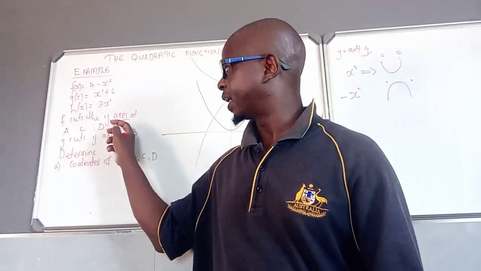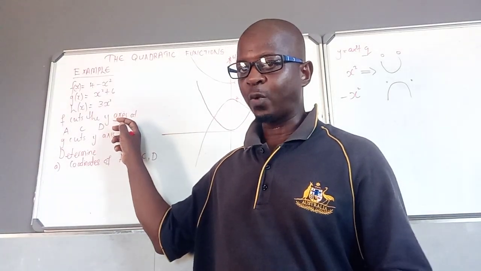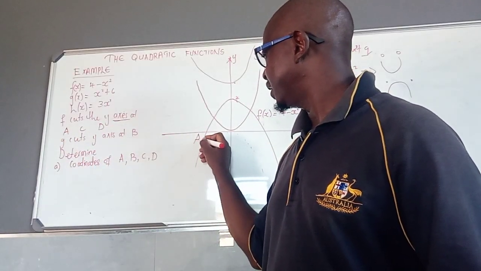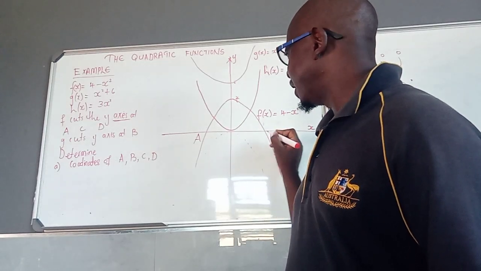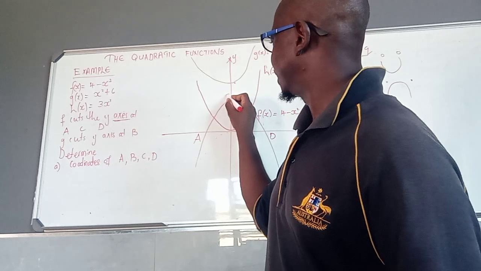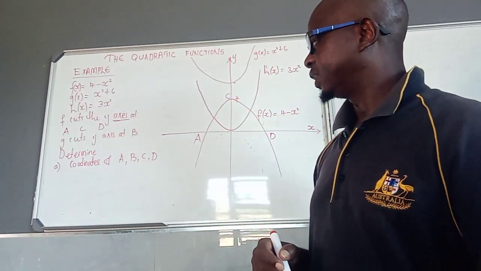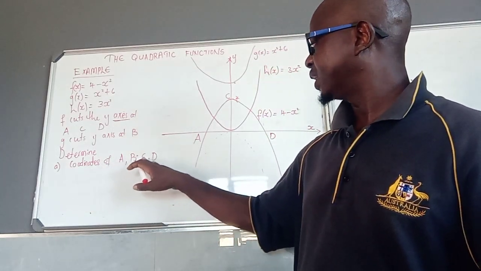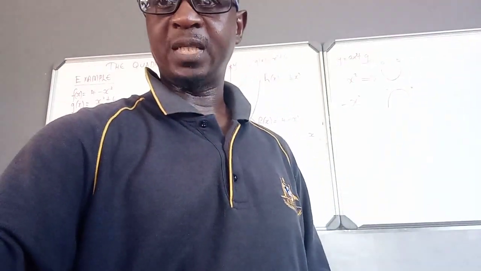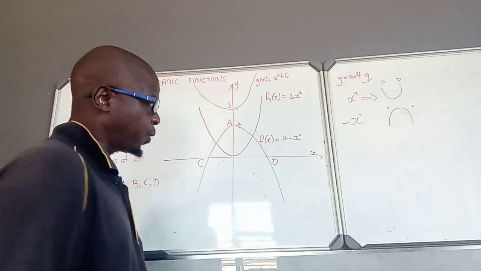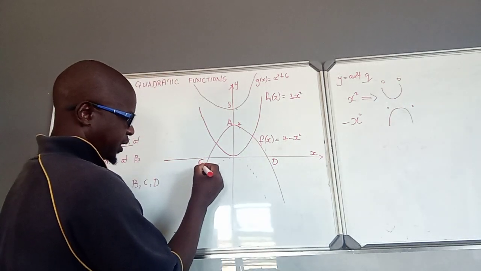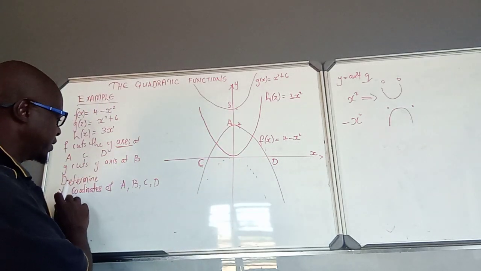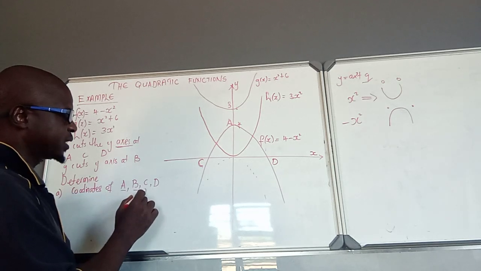So it cuts the graph at A, C, and D, which means the x-axis is going to be cut at A and D, and then the y-axis is going to be cut at point C. Now, question one says determine the coordinates of A, B, C, and D. I have adjusted this to say we have points A, B, C, D.